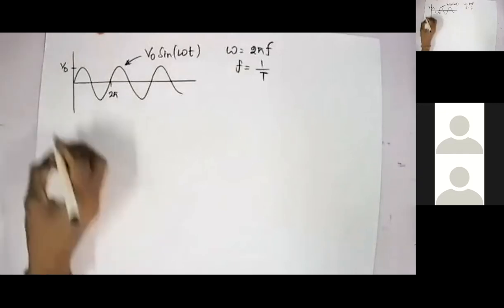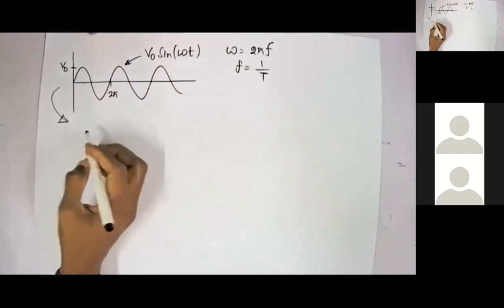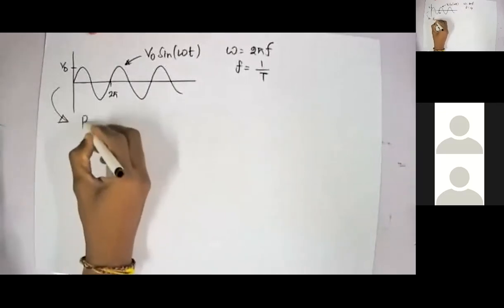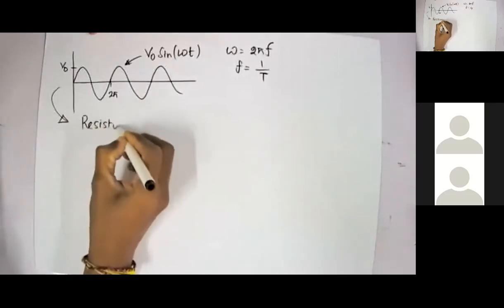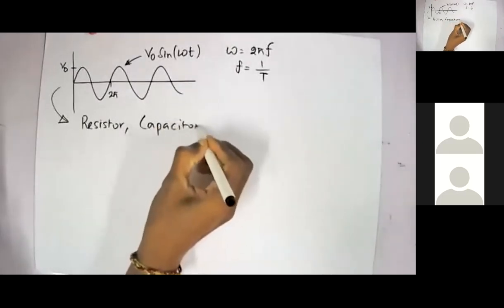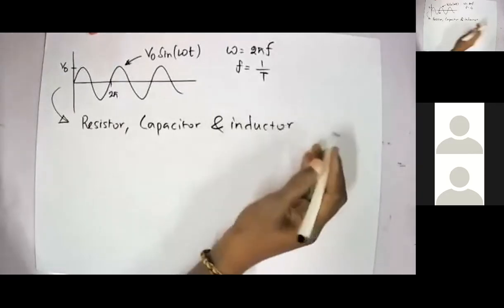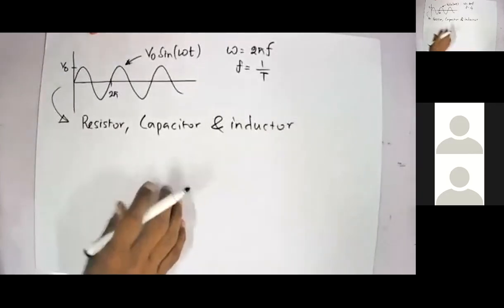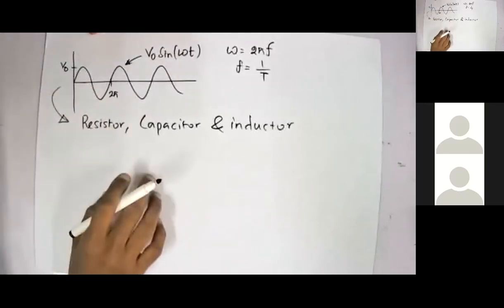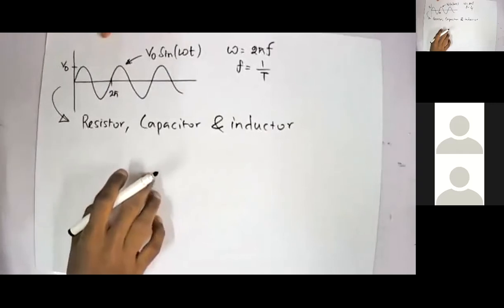So now let's see how your passive circuit components, which are resistor, capacitor, and inductor, behave when they are connected to an AC signal.